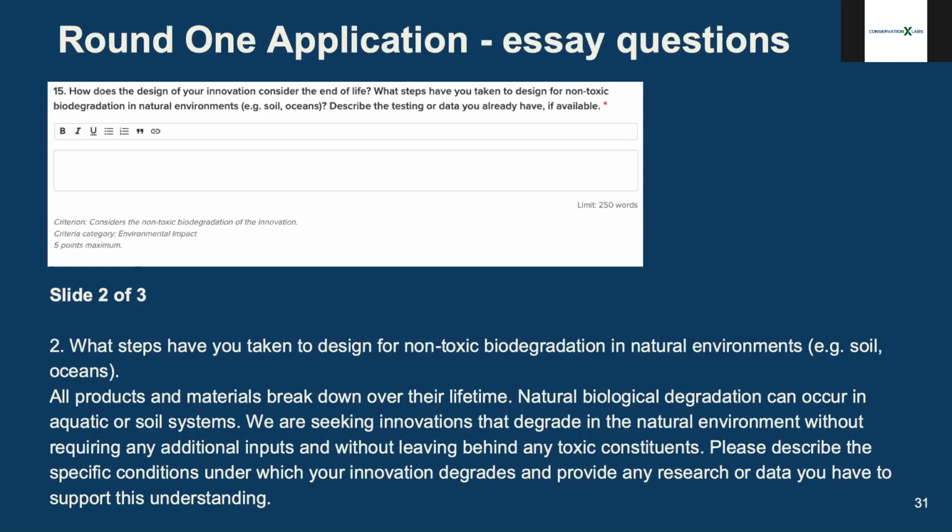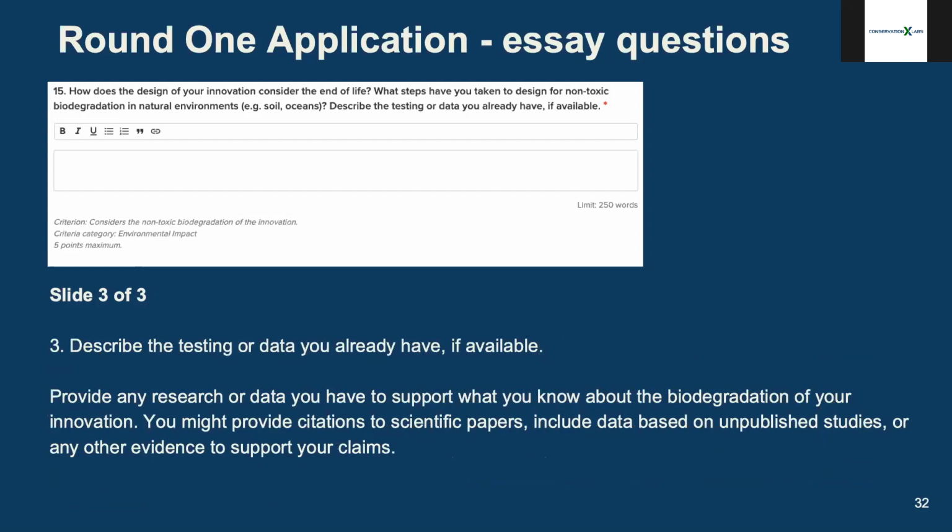Any other types of conditions? Does it have to be a liquid condition? Does it have to be an industrial composter? Provide that information for the reviewers.